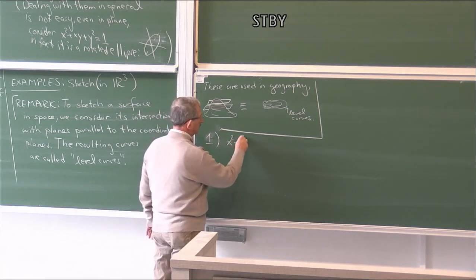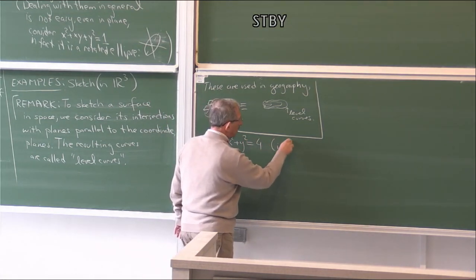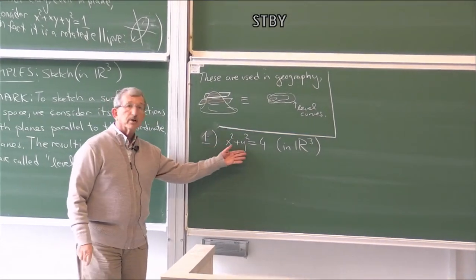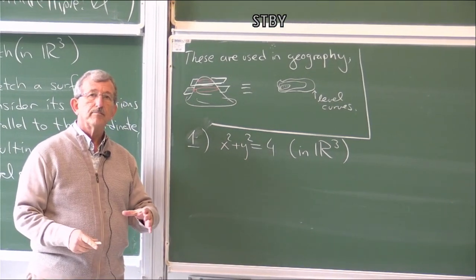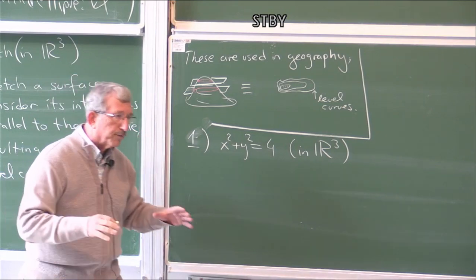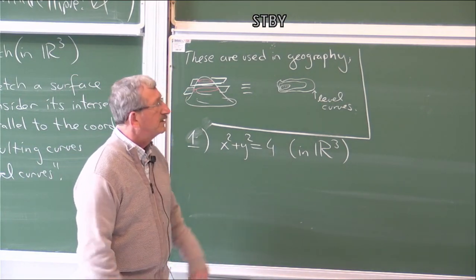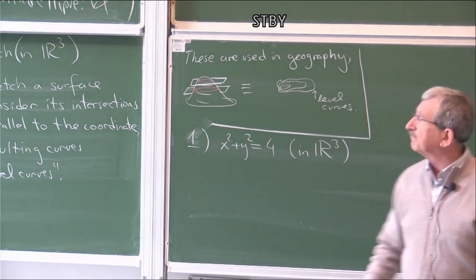Suppose we have this, but in R3. Obviously, this is a circle of radius 2 in the plane. But it is not a curve in R3, it's a surface. So let us intersect this surface with some horizontal plane.